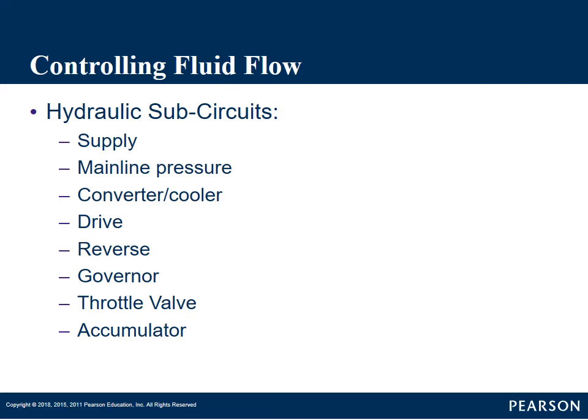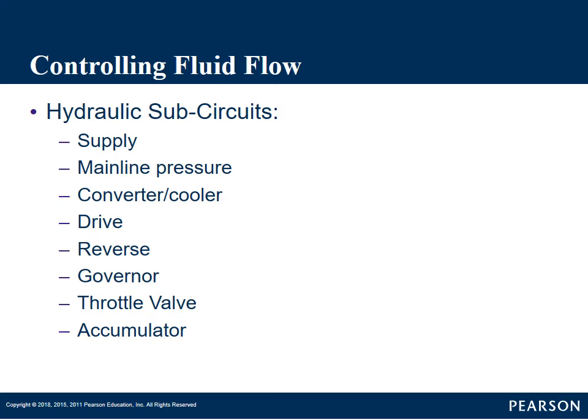Then we have our governor circuit, and this is our pressure after it's gone through the governor. Depending on vehicle speed, that will dictate how much governor pressure we have. Then our throttle valve or our modulator pressure, as we've talked about, is our pressure that tells us the load of the engine.